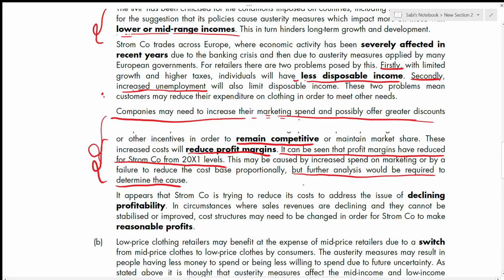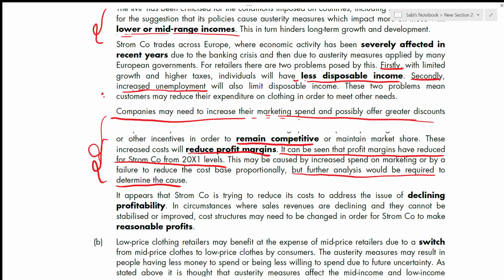Why? Because in the case study it is not clear. Whenever something is not clear-cut from your case study, then you need to write this sentence: but further analysis would be required to determine the cost, because you're not sure. That's why you're saying it is better to do a further analysis.